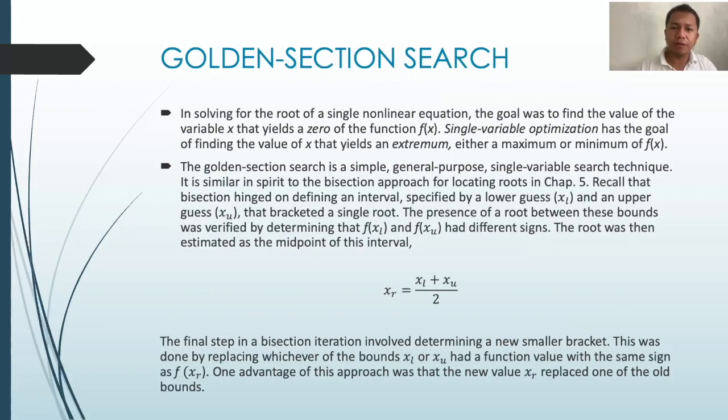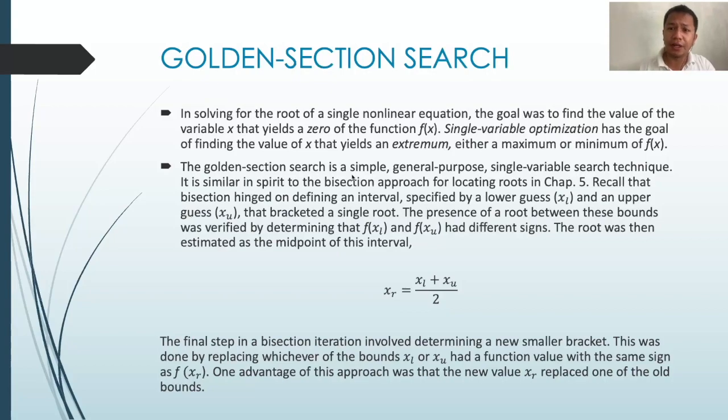In solving for the root of a single nonlinear equation, the goal was to find the value of the variable x that yields a zero of the function f of x.